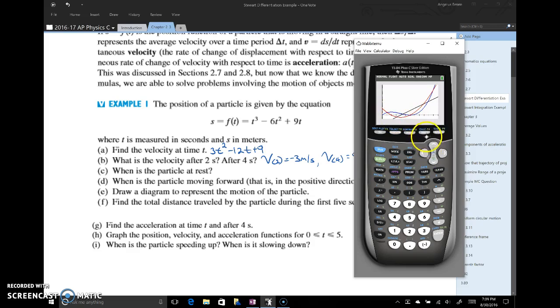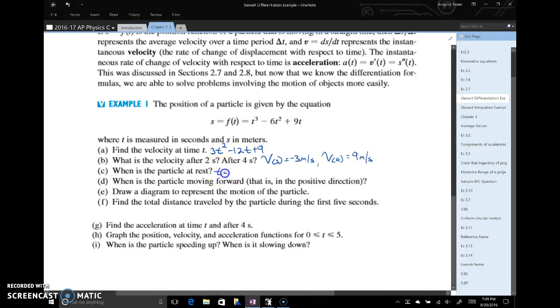So that's going to happen in 2 places. Let's see if we can save some time and use the trace function. So here it looks like at 3 seconds. No, let me switch over to the red graph here, and at 1 second. So t equals 1 second and 3 seconds we're at rest.